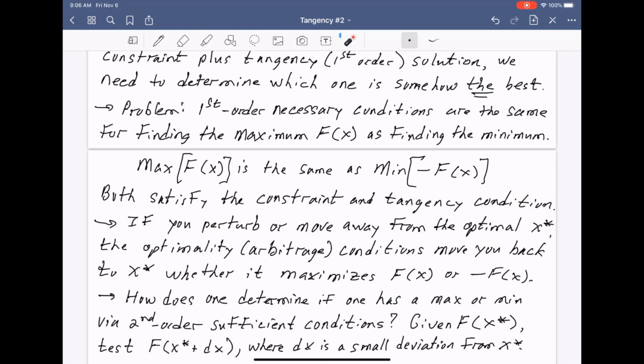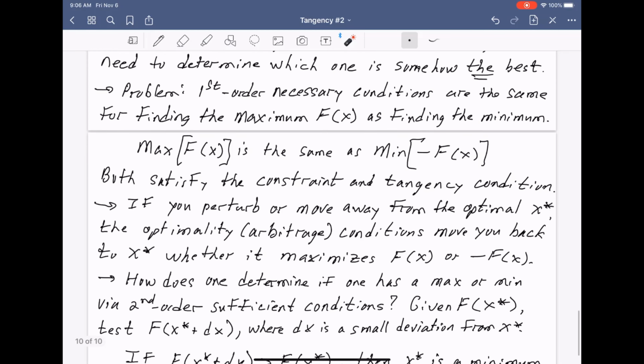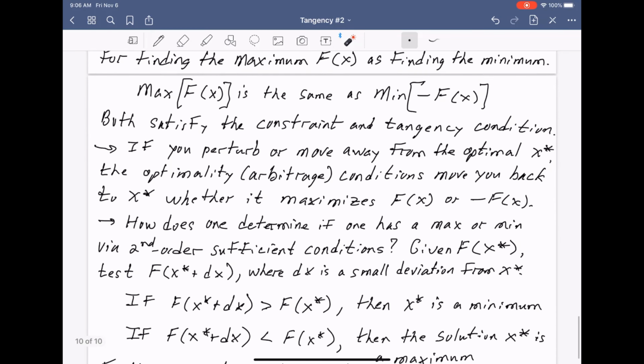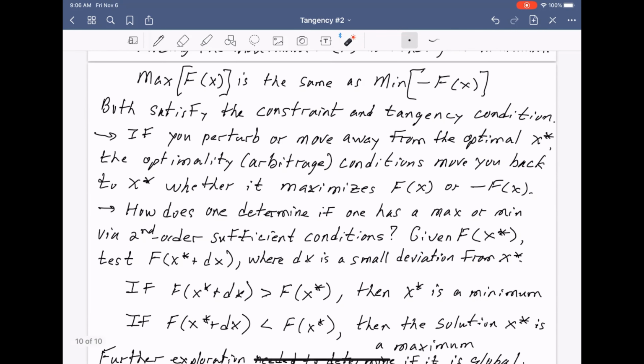So in this case, both the max of f of x and the min of negative of f of x satisfy the constraint and tangency conditions. Now the easiest way to find out if you've got a maximum or a minimum is by perturbing the system, or in other words, moving away from the optimal x star.